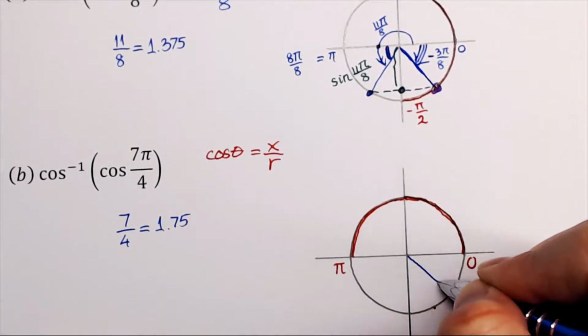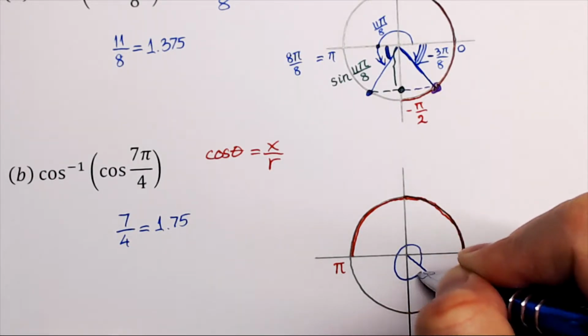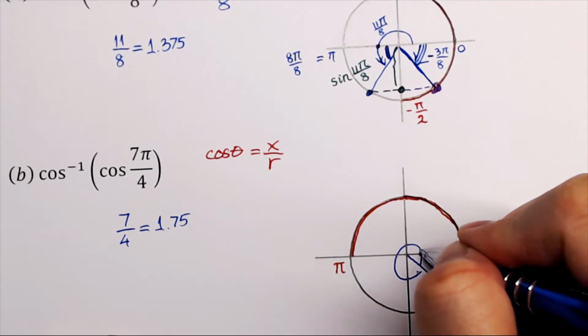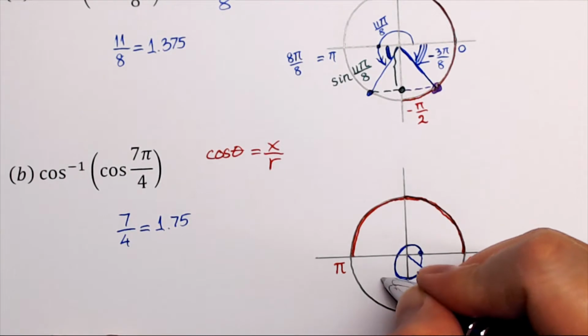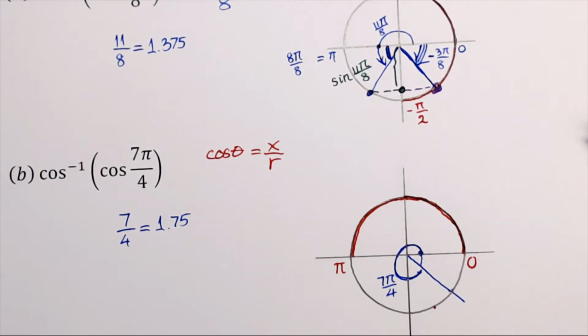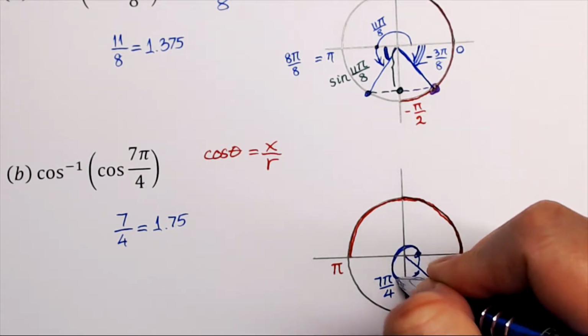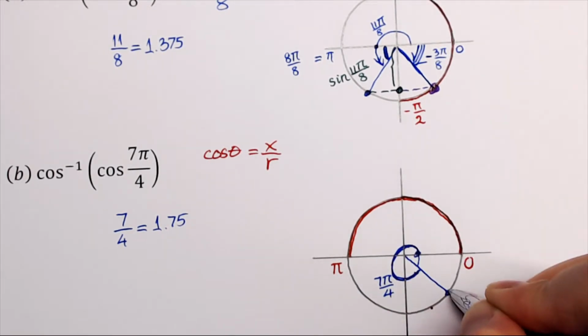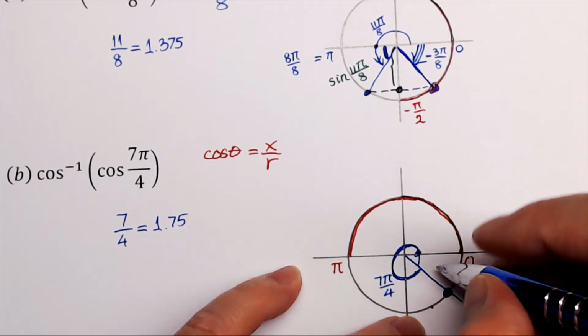We need to find that angle, which is going to be our answer. Notice that if we go from here to here, that would be a pi over 8. Pi always has a pi over 8. So the remaining part is going to be 3 pi over 8.